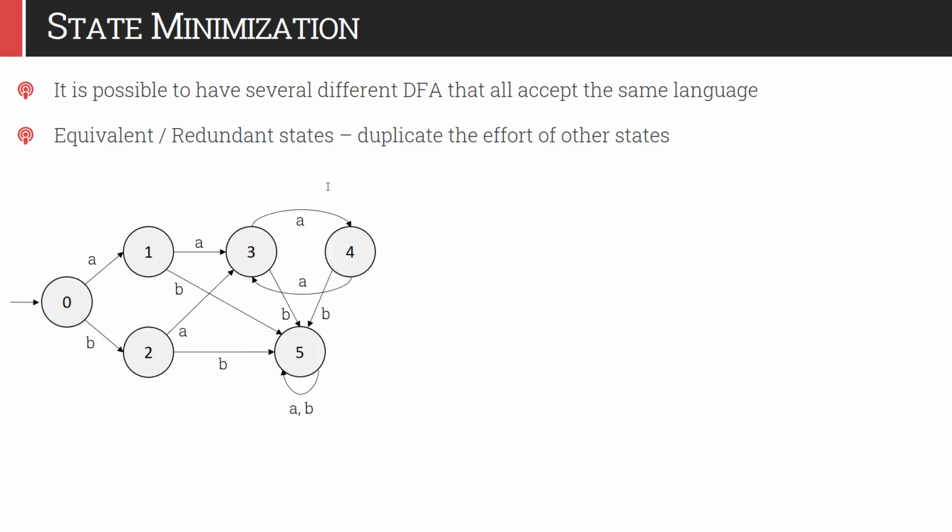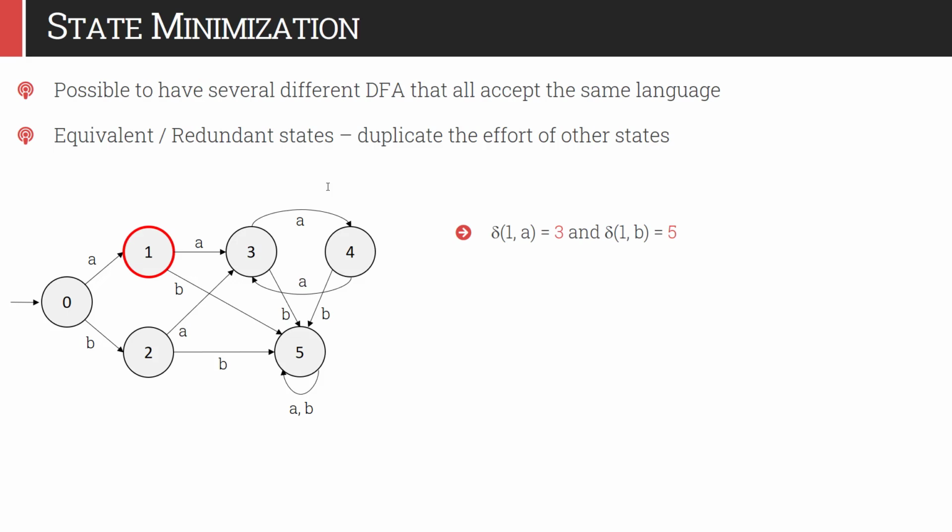If we consider this DFA, let us find some redundant states in it. If we read A from state 1, we are moving to state 3, and if we read B from state 1, we are moving to state 5. Similarly, if we read A from state 2, it leads us to state 3, and if we read B from state 2, it leads us to state 5.